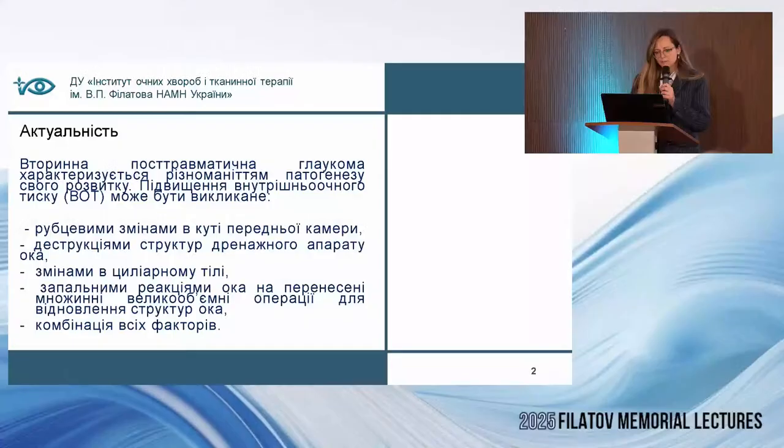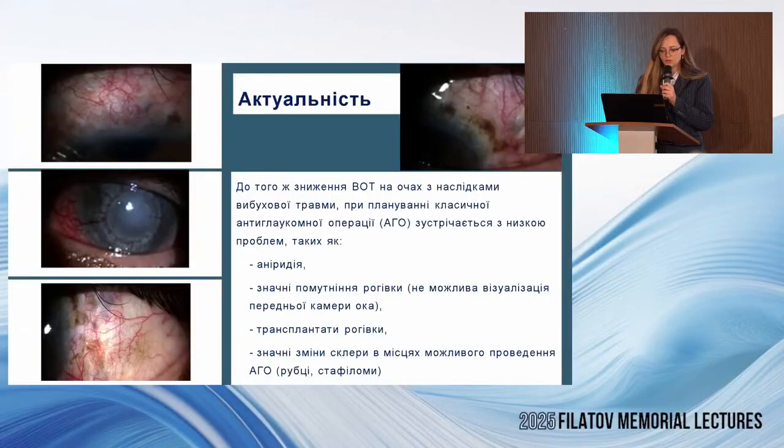Dear colleagues, secondary post-traumatic glaucoma is associated with various pathogenesis, namely elevated intraocular pressure that can be associated with changes in the anterior chamber, destruction of the drainage apparatus, changes of the ciliary body, inflammation as a result of multiple operations, and a combination of these factors as well.